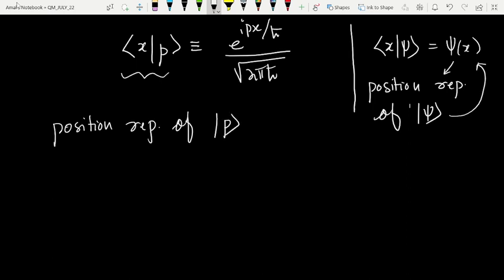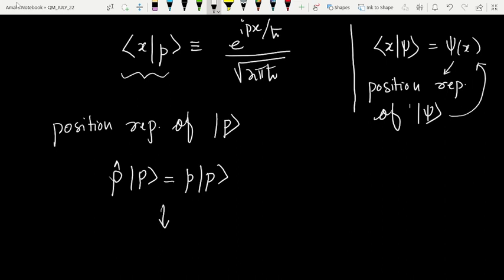Okay, and we know that for every physical quantity there is a corresponding Hermitian operator, and let p be the Hermitian operator for momentum, and assume that it satisfies an eigenvalue equation like this. Operator momentum operating on eigenvector p gives an eigenvalue p and eigenvector p.